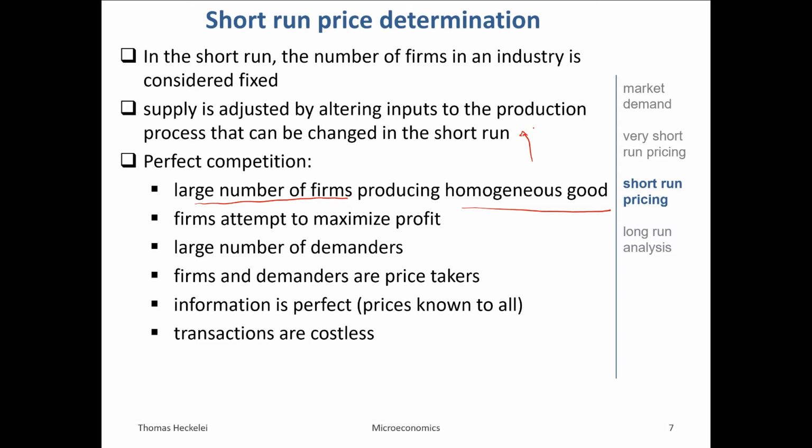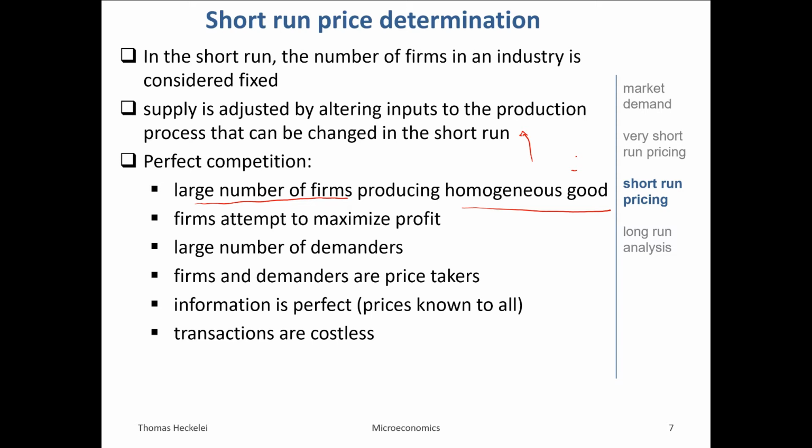Okay, let's go back to our assumptions. The first assumption is producing a homogeneous good. For example, if the farmers in the US and in South America produce corn and soybean, there are many farmers in these countries producing soybeans and corn, which is quite homogeneous in the end already.